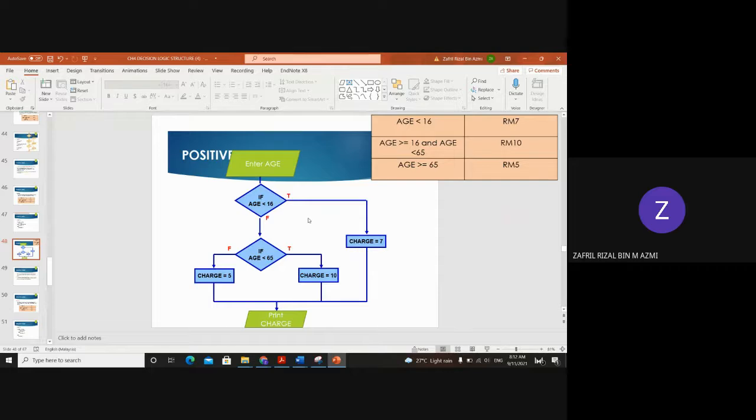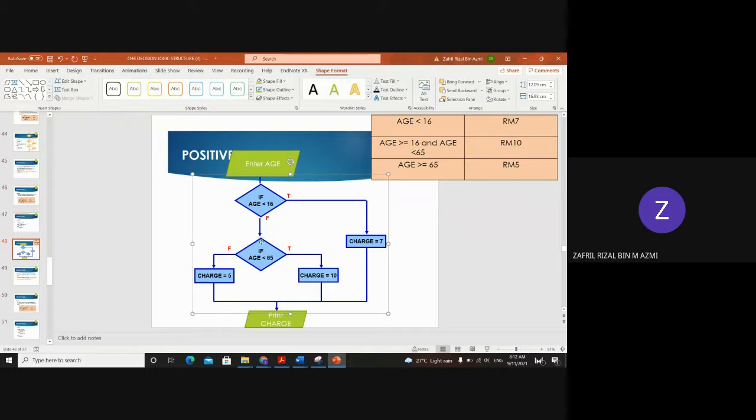So this is the most commonly used positive logic structure. If you can see, why do we put 2 diamond symbols over here, class? We have 3 conditions, so why only 2? Anybody still remember why we put only 2, not 3?